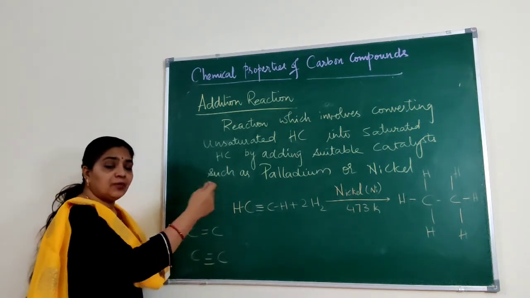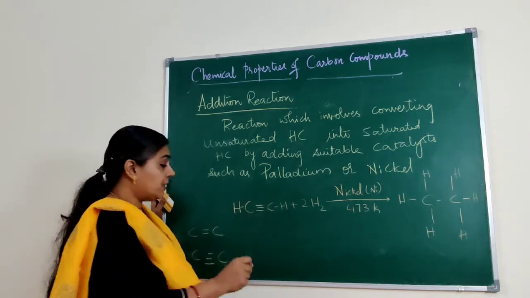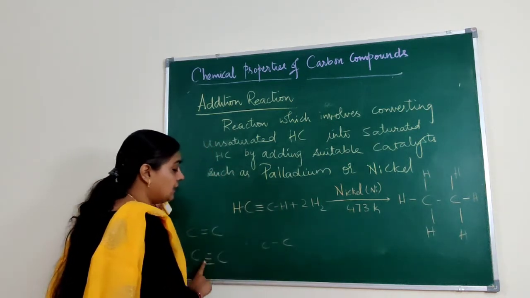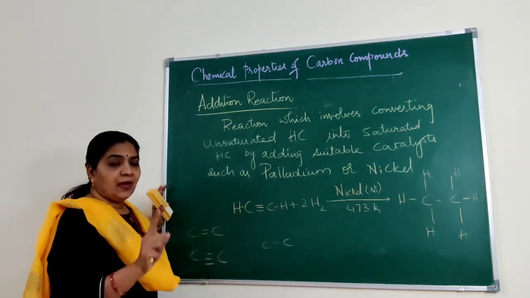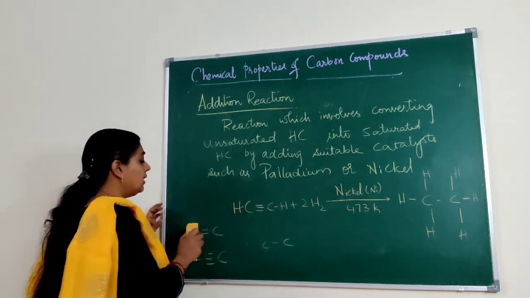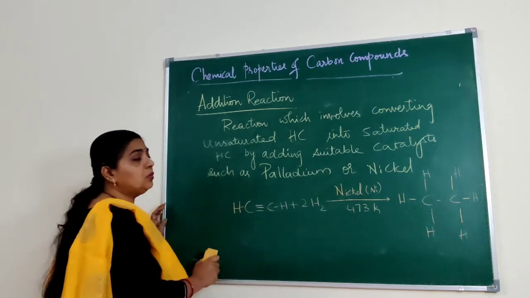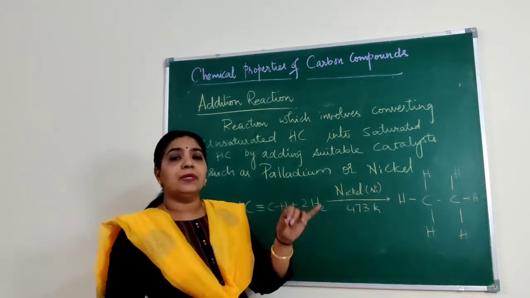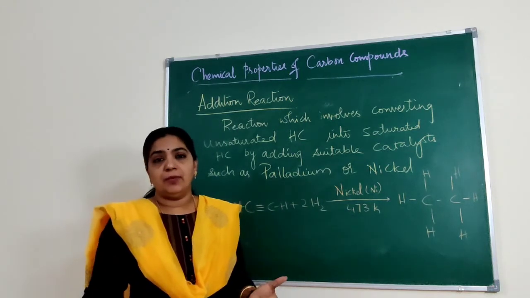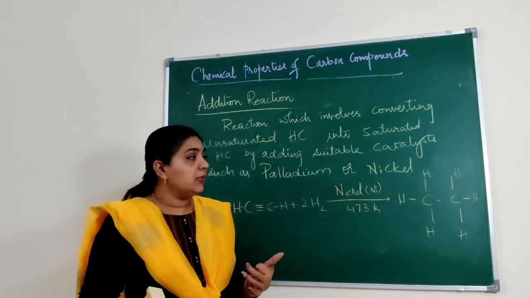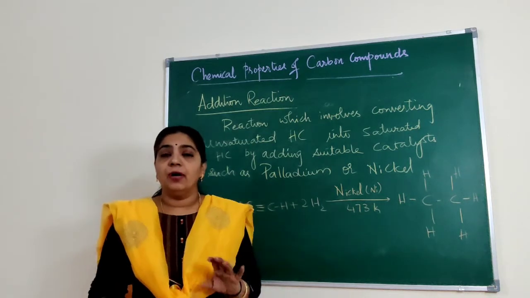The unsaturated hydrocarbon will be converted into carbon-carbon single bond. That is unsaturated to saturated hydrocarbon, in the presence of suitable catalyst. Maybe they can use nickel or they can use palladium for catalyst.